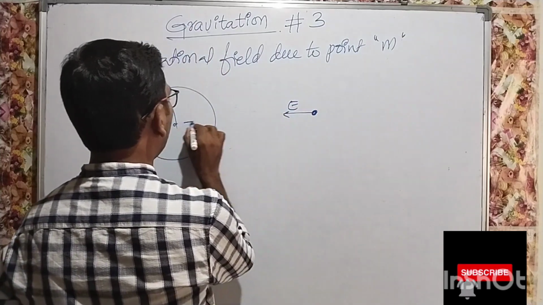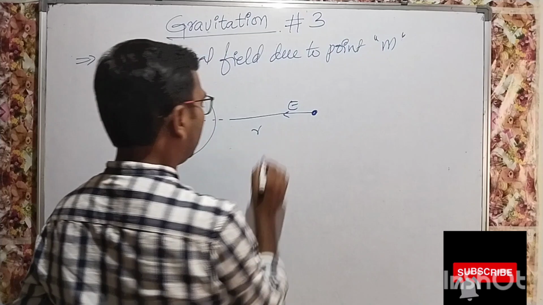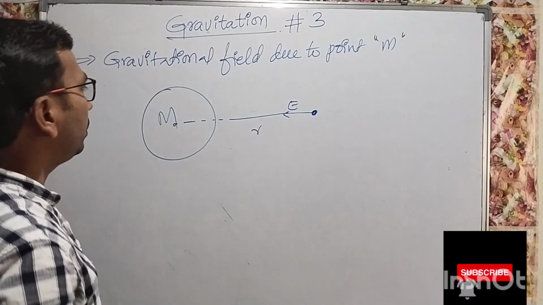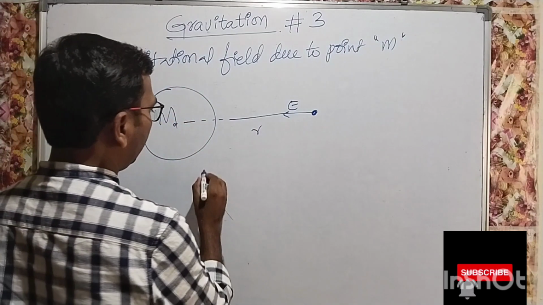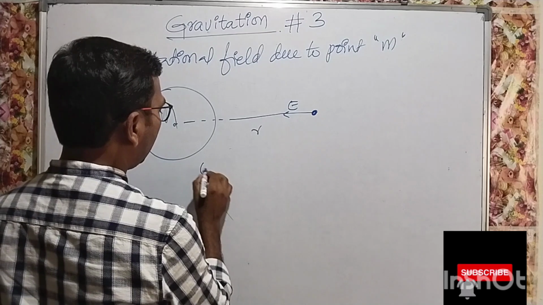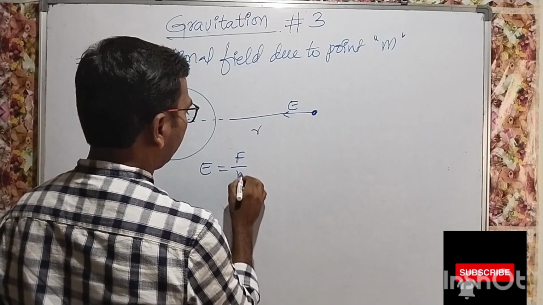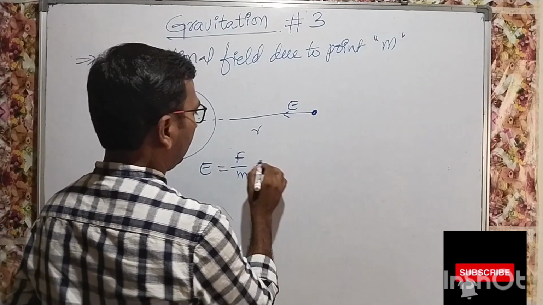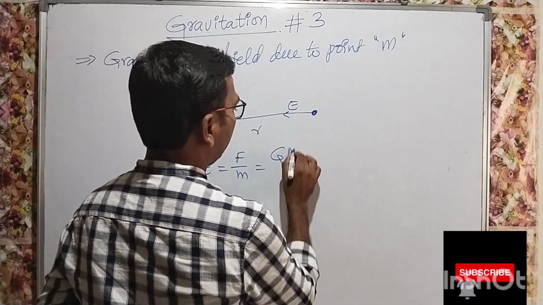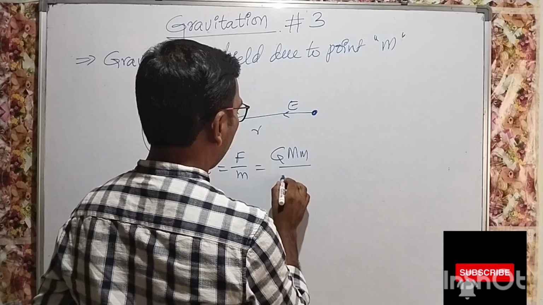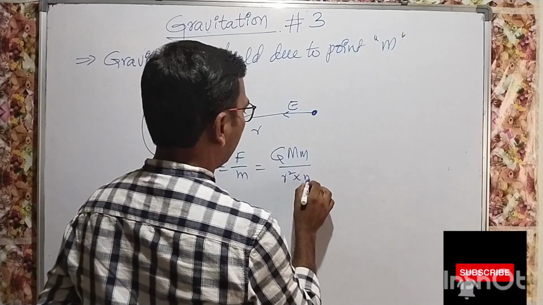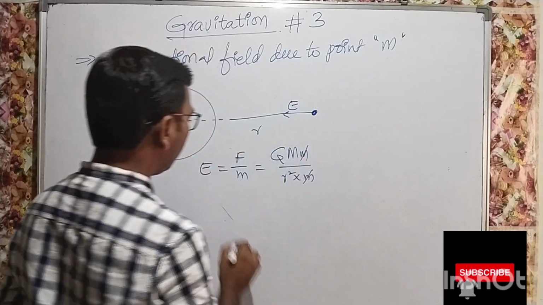The distance from here to here is R. The field due to a point mass: E is equal to F by m, or capital G, capital M, small m by R square into m. This m cancels.